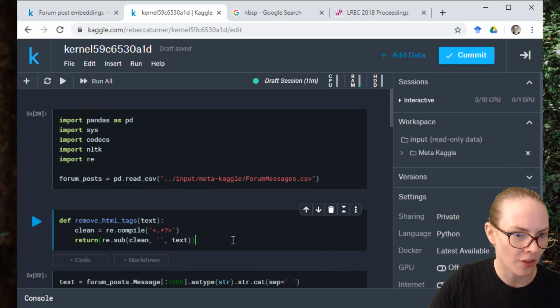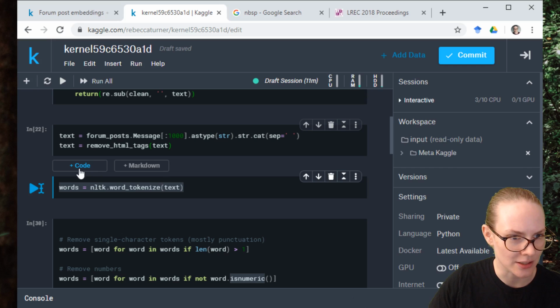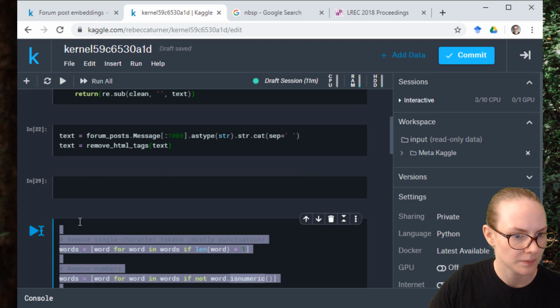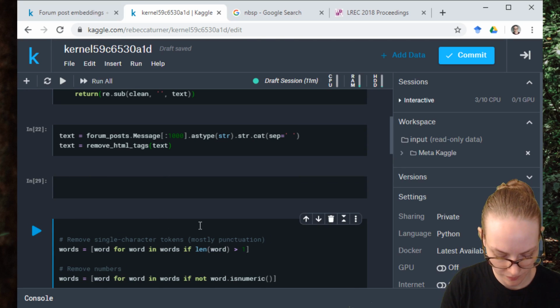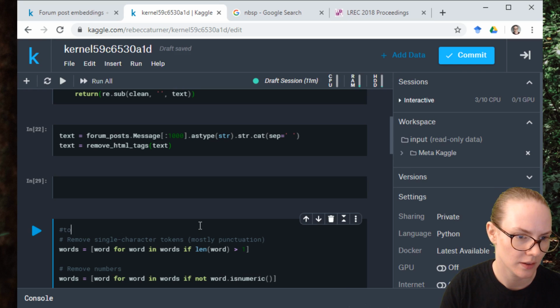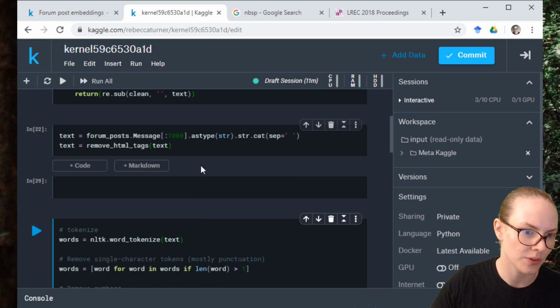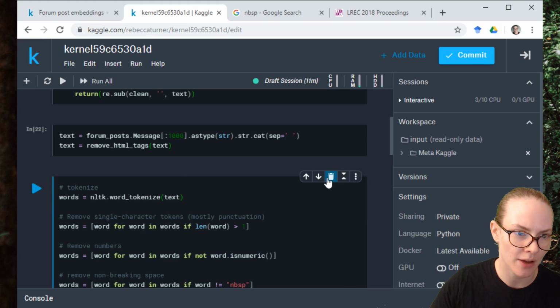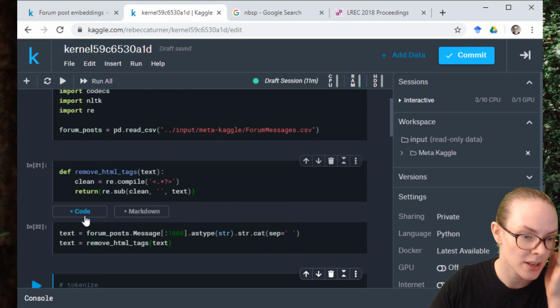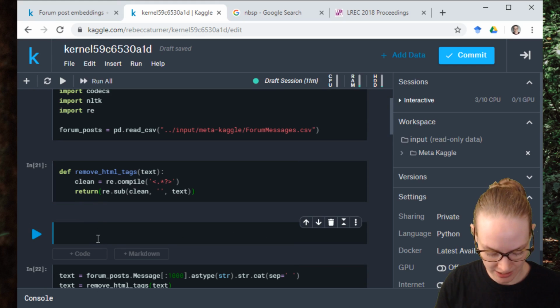The next thing that we need to do is, instead of only using part of our forum posts, use all of our forum posts. And let's quickly just get the dimension of our forum posts.